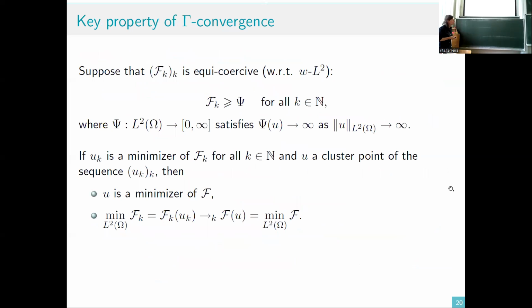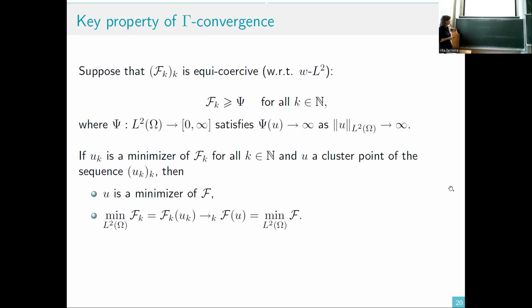And the reason why we like gamma convergence so much for the study of minimization problems is that it behaves well with respect to minimizers. If you have an equicoercive family and you take a sequence of minimizers for your original sequence, and if U is a cluster point, then it will be a minimizer of your limit functional, and you have convergence of energies. With convergence of energies, you have convergence of minimizers, and all goes well in this minimization procedure.